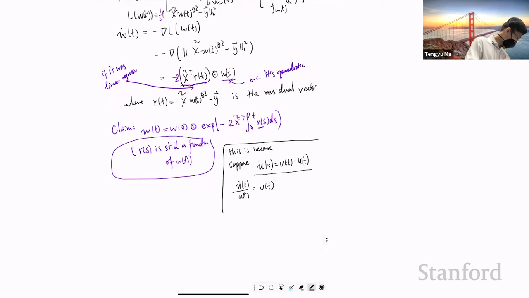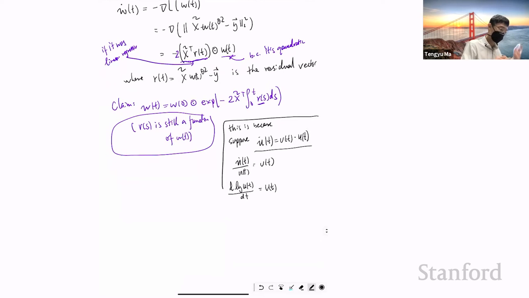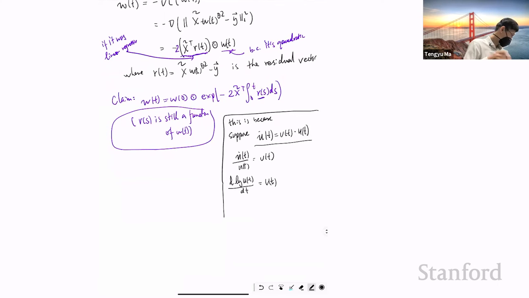And then the left-hand side, this is one of the magical things in many cases: this is the derivative of the log of u_t, just by chain rule. You have probably seen this in other contexts like policy gradient, depending on whether you know any of those. But anyway, then you can integrate both sides.